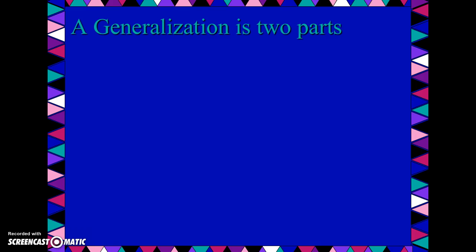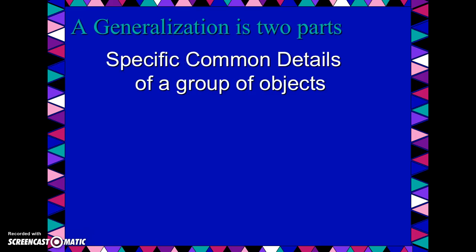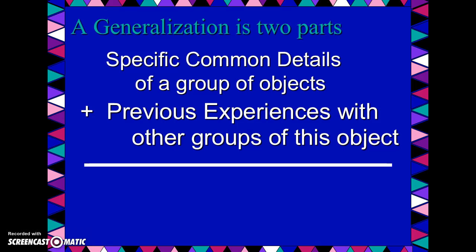A generalization is two parts. The first part is made up of specific common details of a group of objects. So thinking about that fruit, we know they have seeds inside. They have a fleshy part that grows around the seeds. Some of them might have juice or oils in them. The other part of a generalization is adding your own previous experiences with other groups of this object.